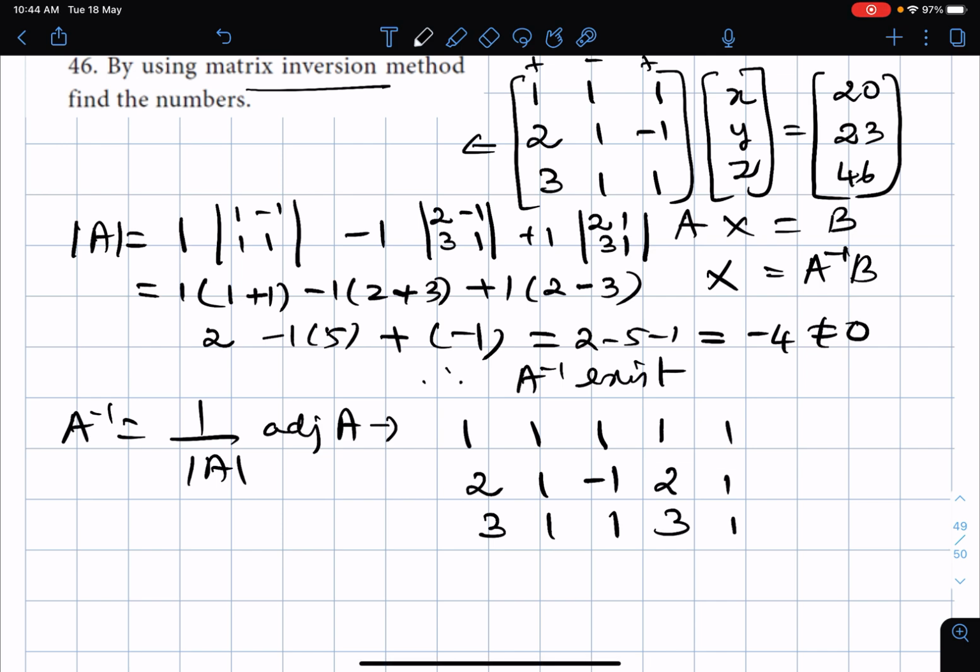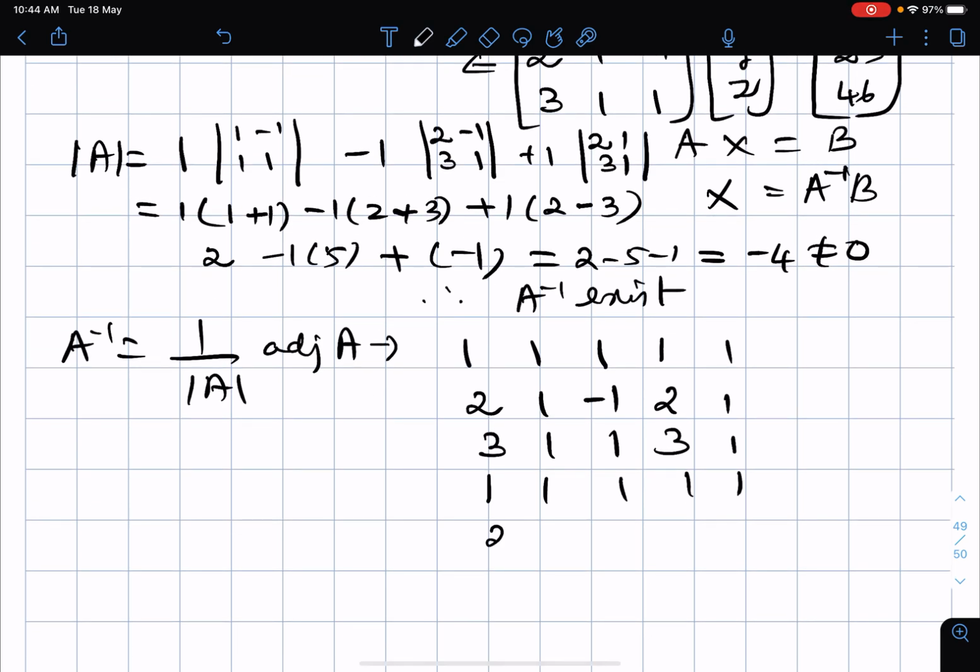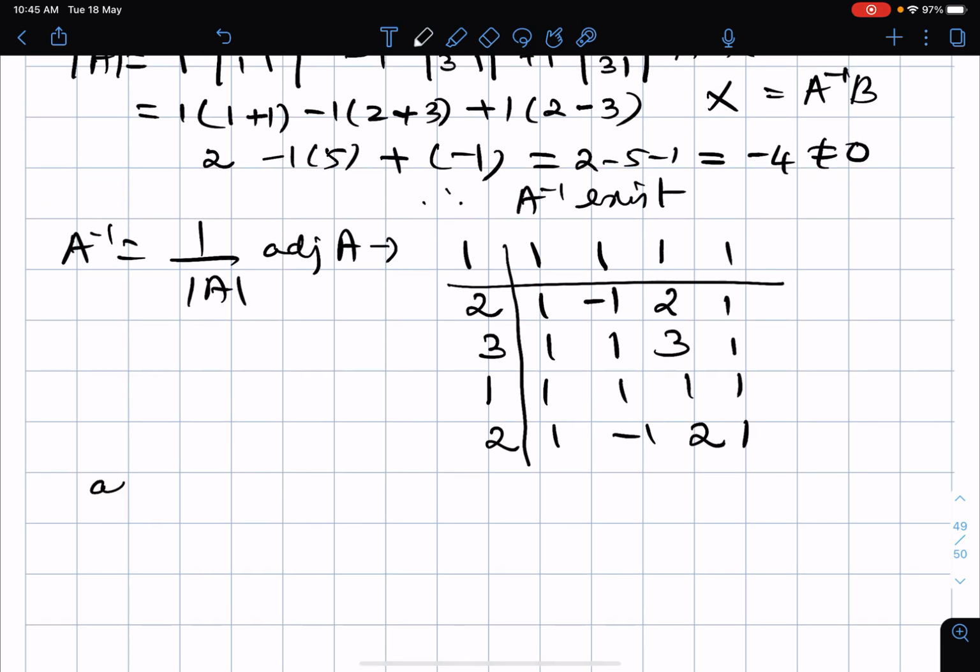Now write your two rows below, it is 1 fully and next one is 2, 1 minus 1, 2, 1. Now deleting our first column and our first row, we are going to write the adjoint A directly. So here you will multiply column wise and write it row wise. That is the only thing you have to remember.